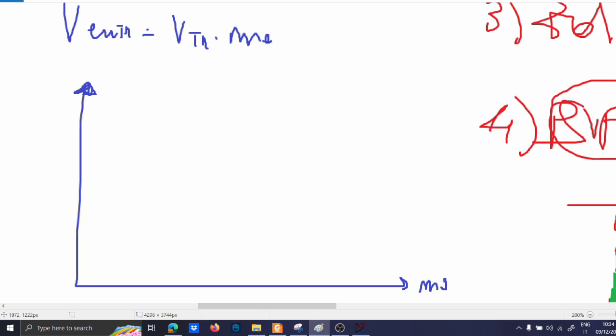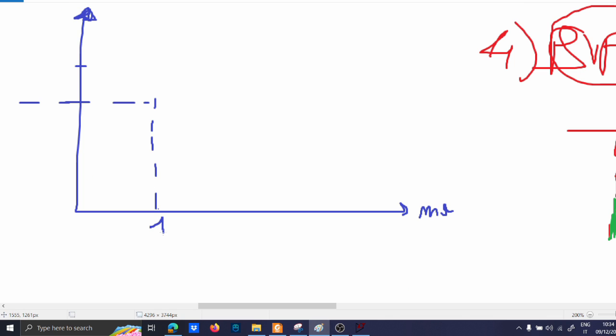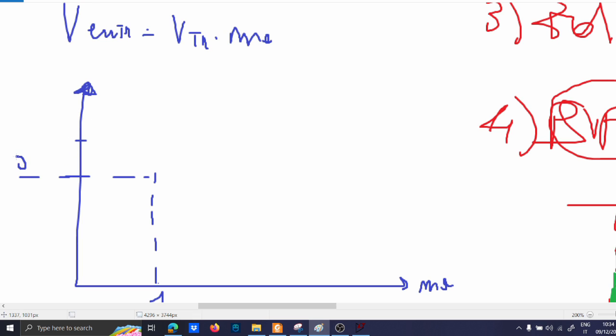Here you have MA, and here you have different values. When you increase MA with respect to the control voltage, when MA is equal to 1, in the sine wave inverter you have 0.883.